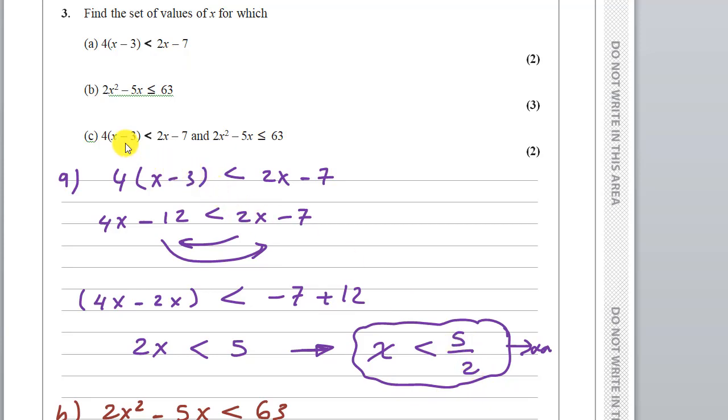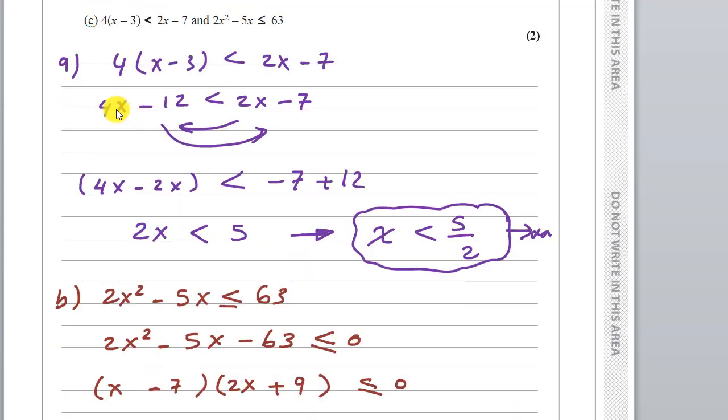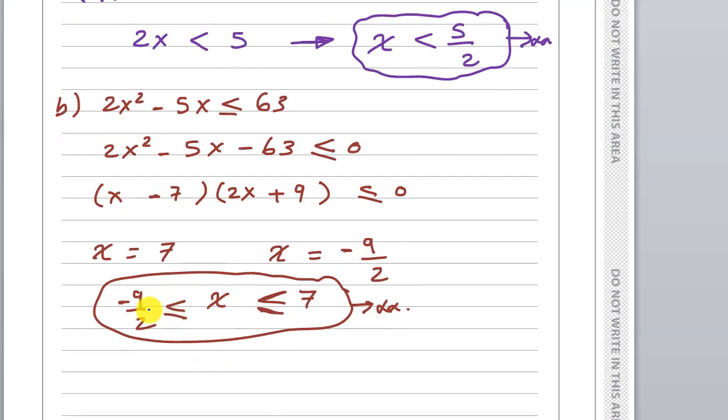In part B, x is bigger than or equal to minus 9 over 2 and less than or equal to 7. So from this equation and this equation, the maximum positive value that can be used for both equations is x less than 5 over 2.